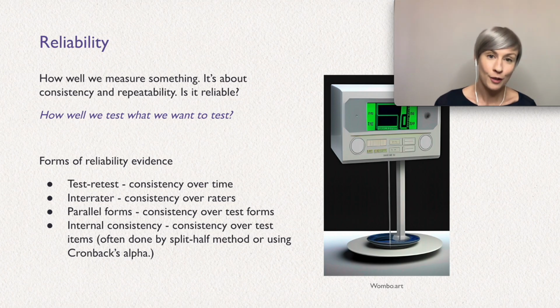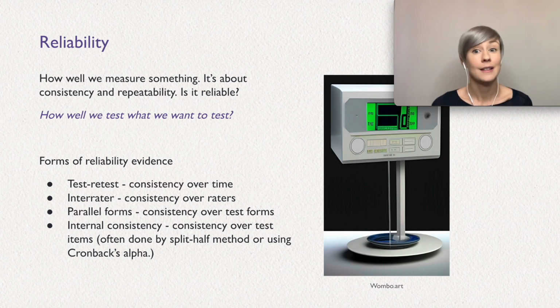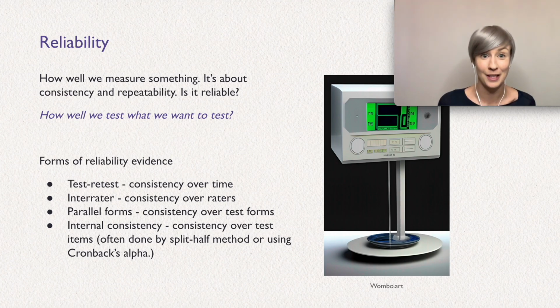Then we have internal consistency. That is consistency over test items. So this concerns how well the items, that is the individual questions on a test, function in a consistent way. And this can be calculated after only one test administration, unlike all the other forms we have talked about here.